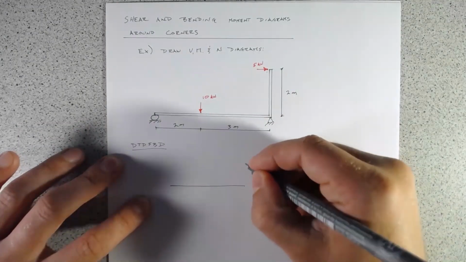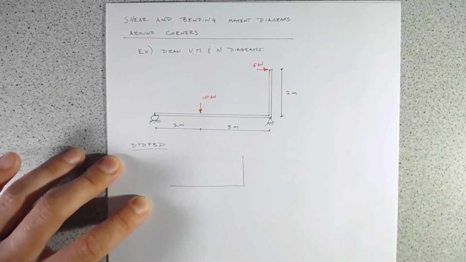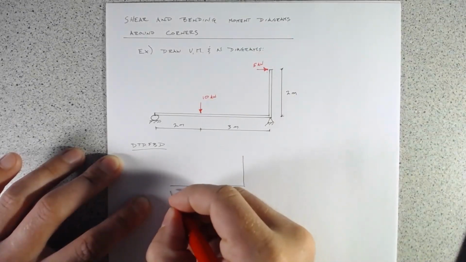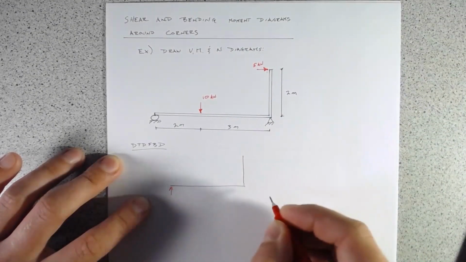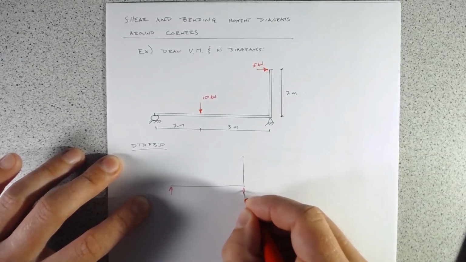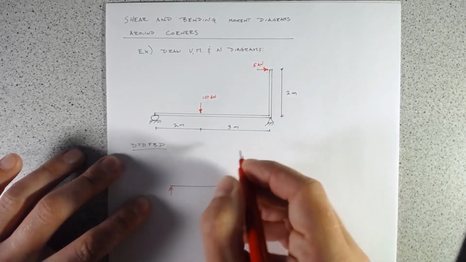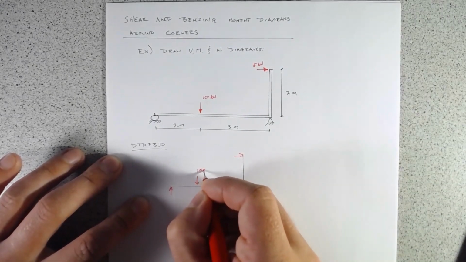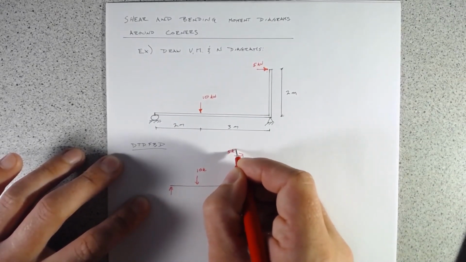We'll draw our representation of the frame here, and we'll use red just to show our reactions so that they come up a little clearer on the video. I have a 10 kilonewton point load and a 5 kilonewton point load.